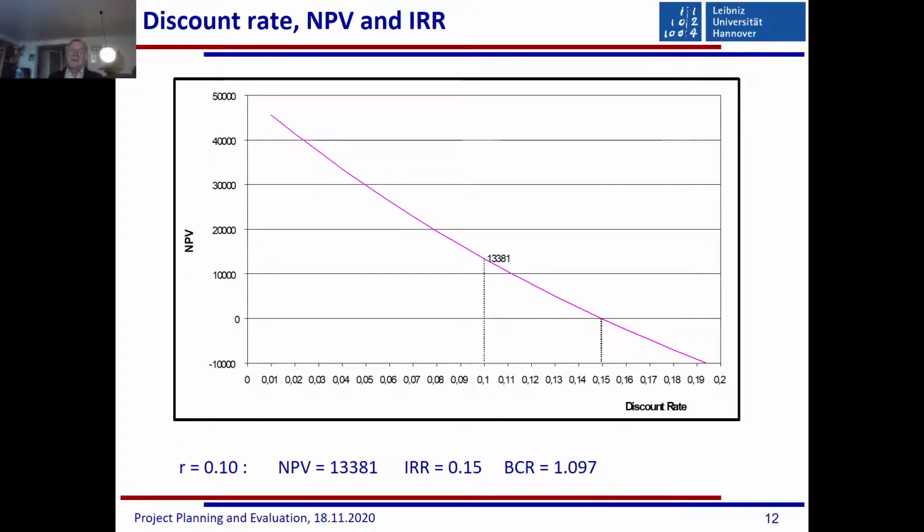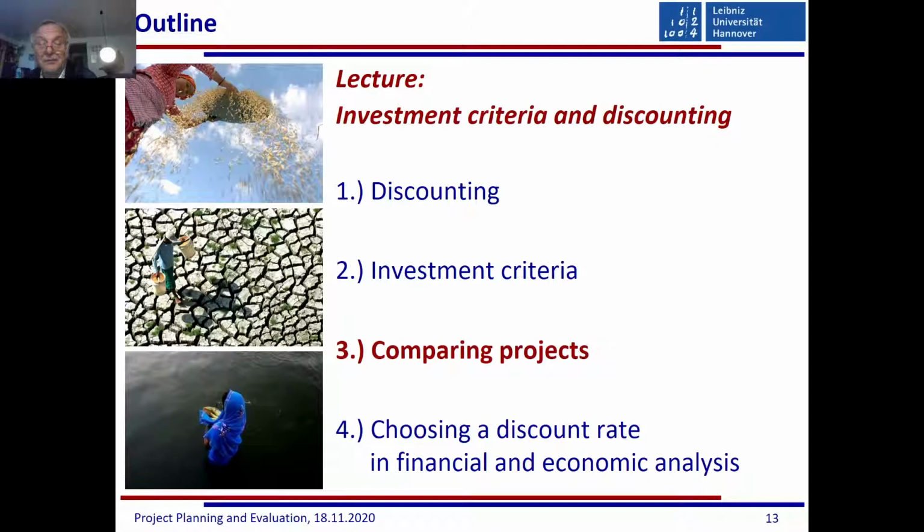So what's the interpretation of this? Now we know for this project, this simple example, our IRR is 15%. What does it mean? How would you translate this information into something that is really understandable? Okay, I leave that question open because that's one thing you always need later on, to present that, and then you need to say something about that.